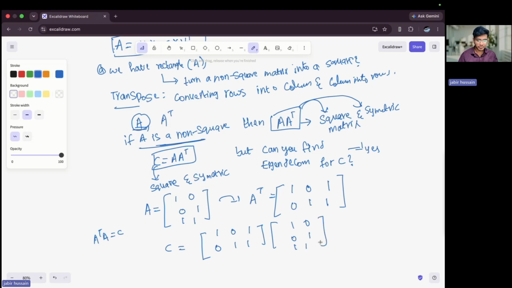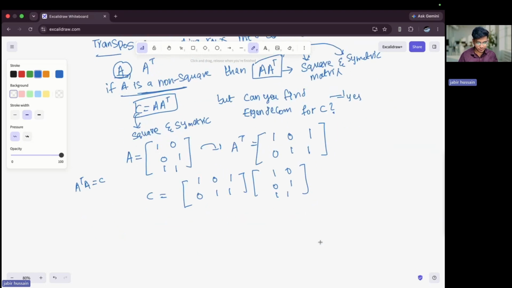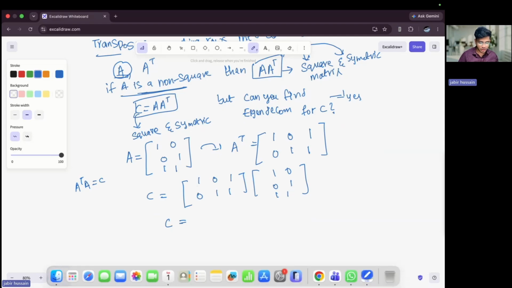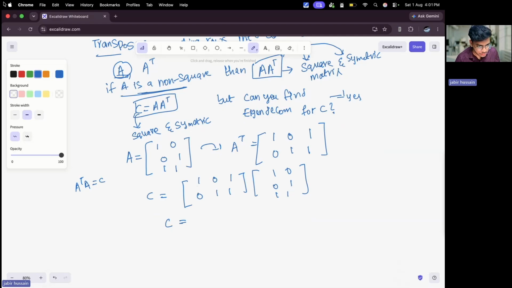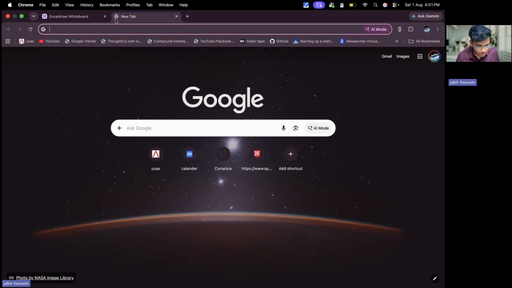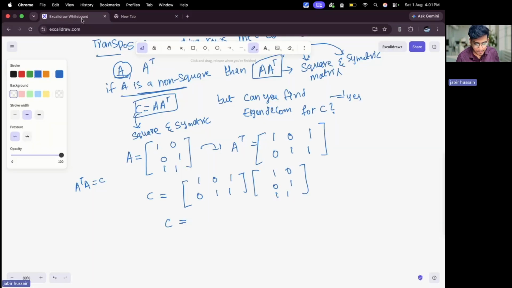Can you give me C? Can you tell me matrix C? I don't want to do manual calculation. Can you find the product quickly and tell me the answer? I'll also take a screenshot and give it to GPT.